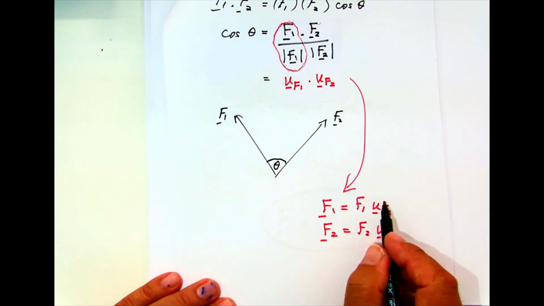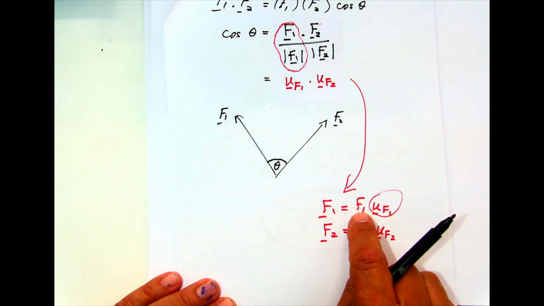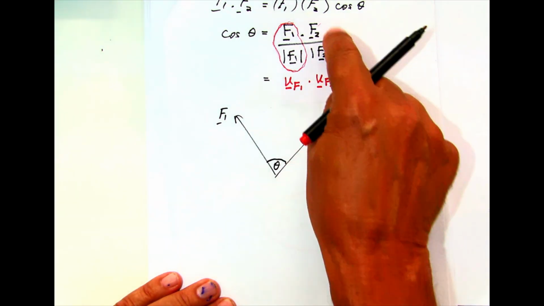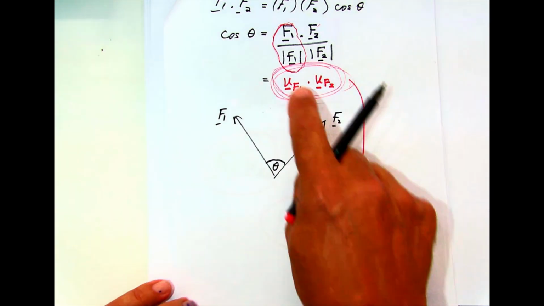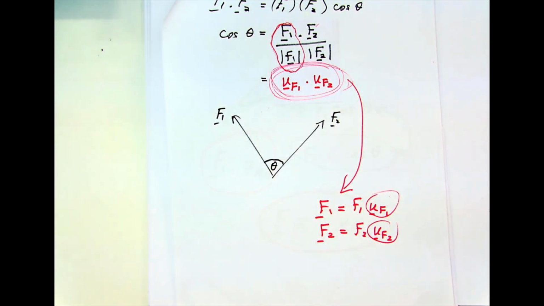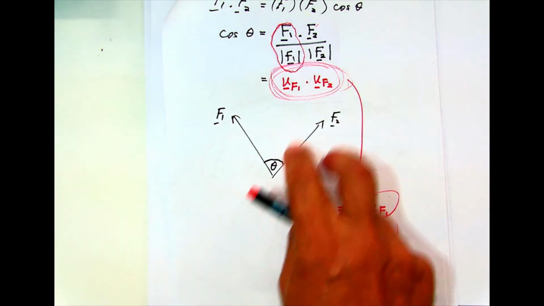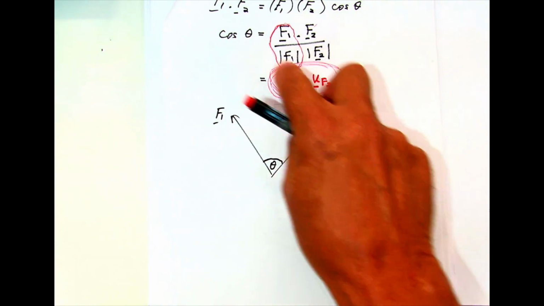So the unit vector itself is the force as a vector divided by its magnitude. In your book, they often give it like this, and you'll probably see it in the memo of the tutorials. They like to use this notation, but it means exactly the same as that.